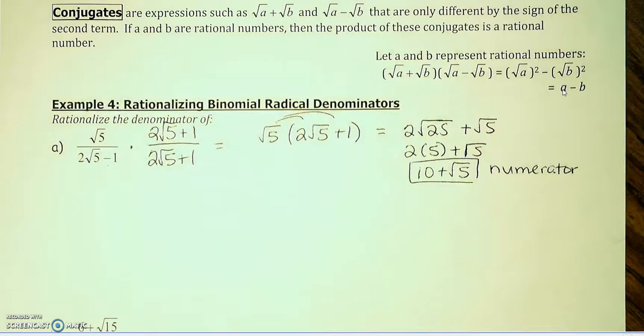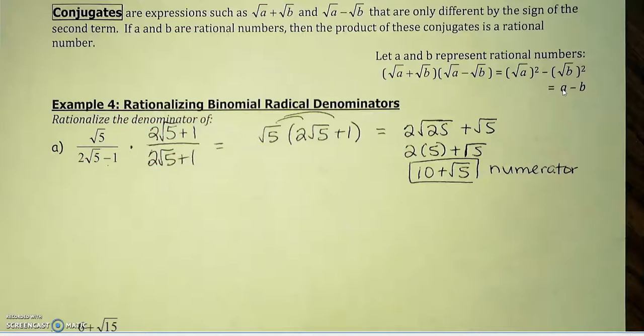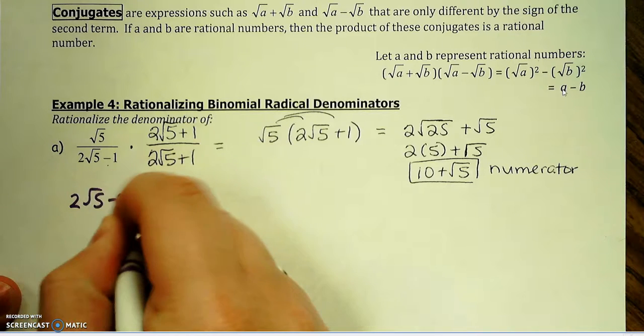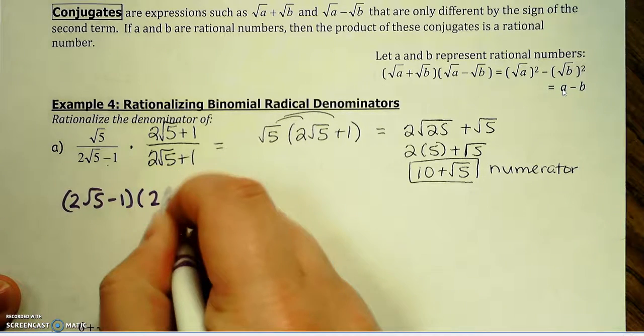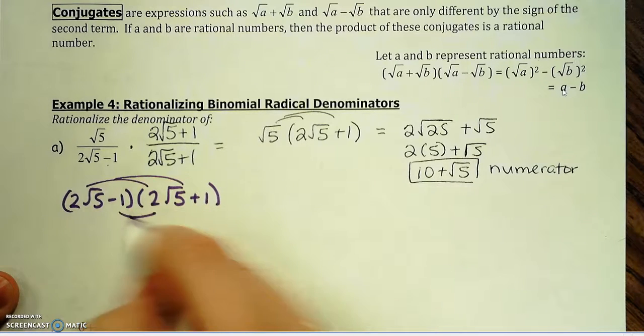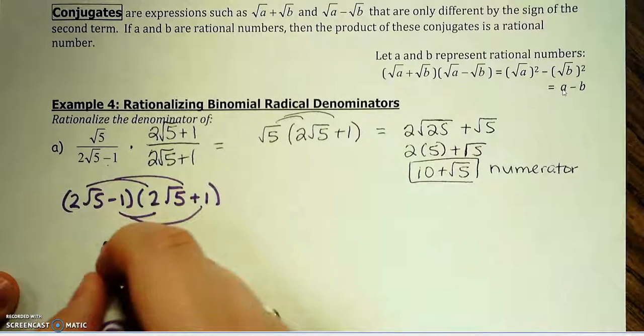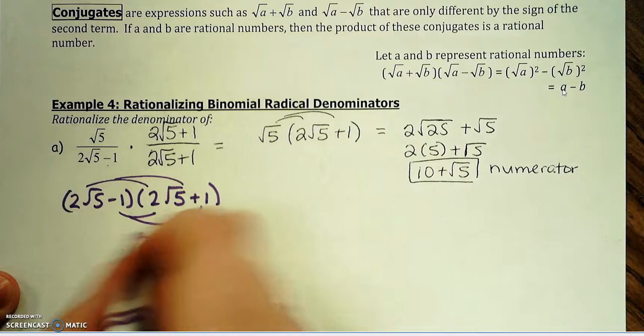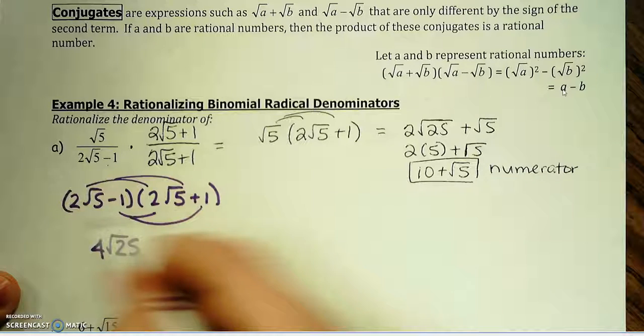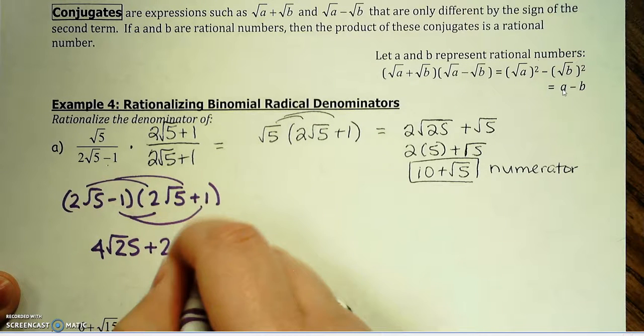Okay, so I'll do the denominator in a different color here, and that's going to be to multiply 2 radical 5 minus 1 by 2 radical 5 plus 1. And I'll just do a FOIL. If you prefer a box, please do that. So 2 roots of 5 times 2 roots of 5 is 4 roots of 25. 2 roots of 5 times 1 would be 2 roots of 5.